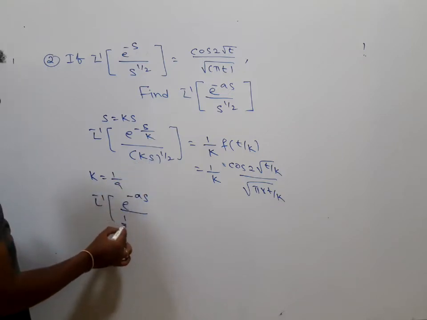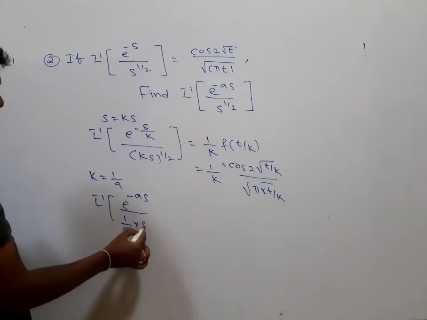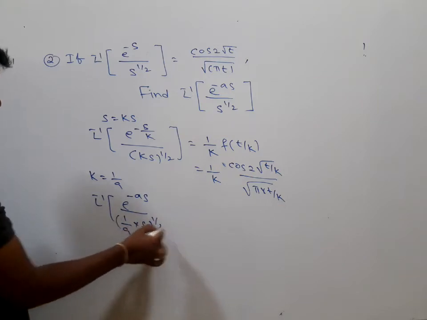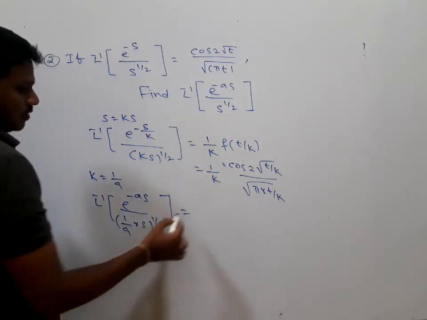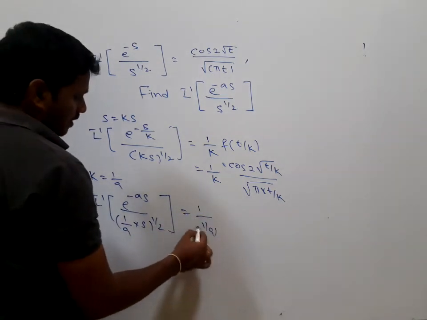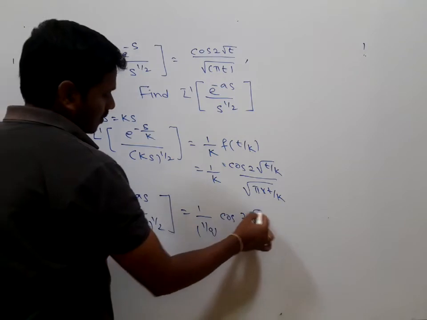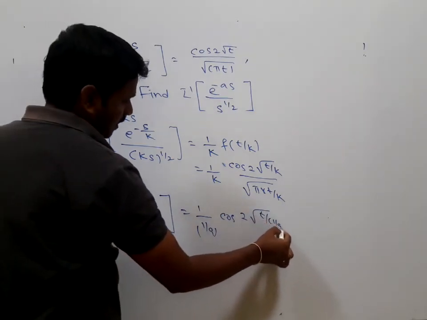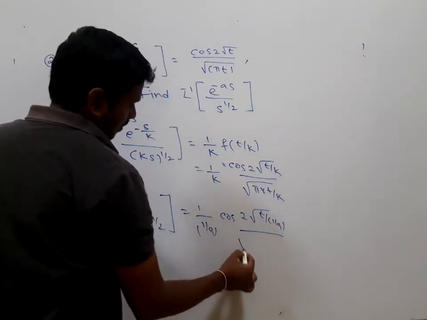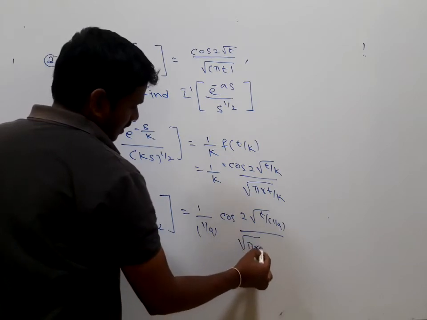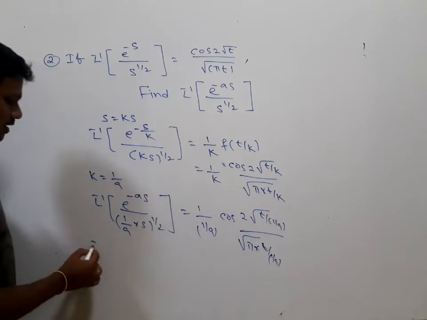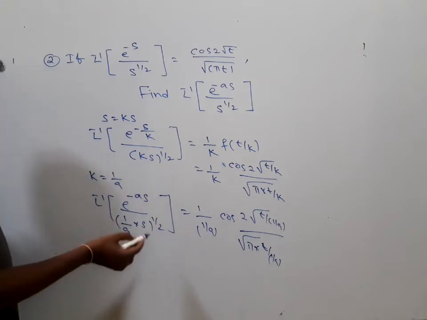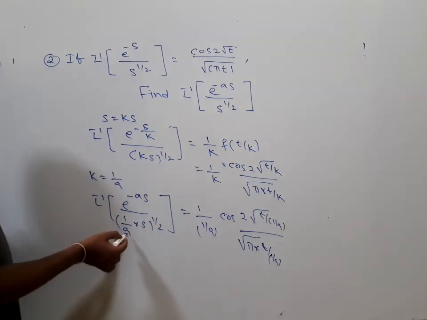So 1 by a into s to the power of 1 by 2, or a to the power of 1 by 2 also, this is coming to the numerator, is equal to 1 divided by 1 by a cos of 2 into t divided by 1 by a by root pi into t divided by 1 by a. So which is this root a coming to the numerator.